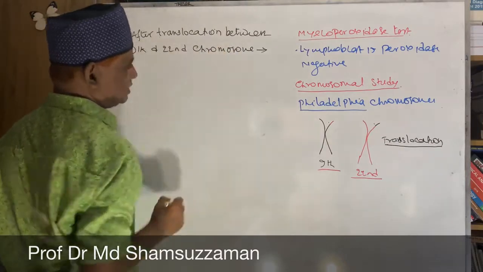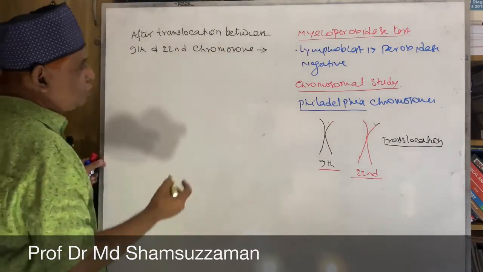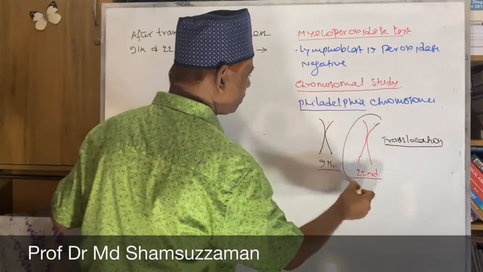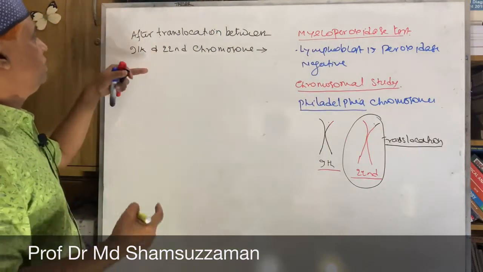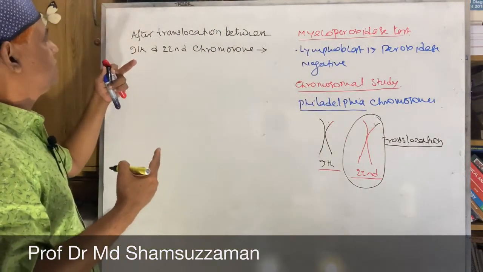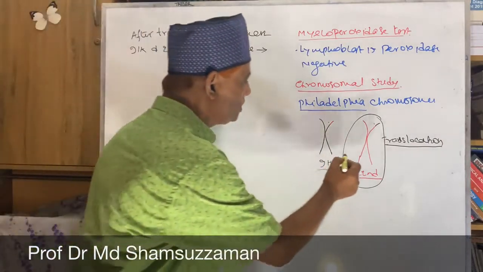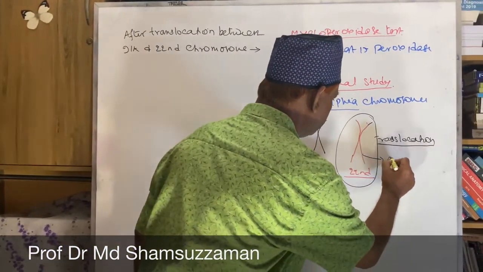So after translocation, the 22nd chromosome is called Philadelphia chromosome. So after translocation between 9th and 22nd chromosome, this 22nd chromosome is called Philadelphia chromosome.